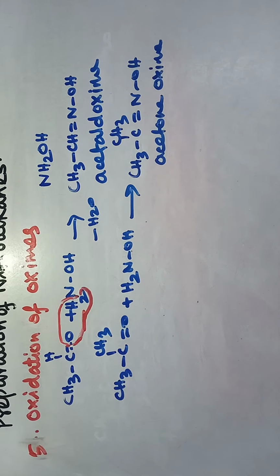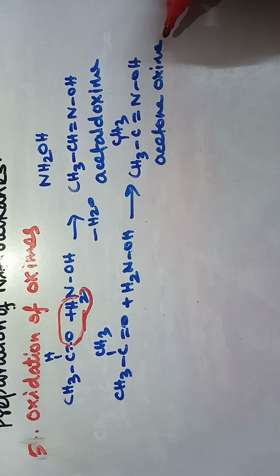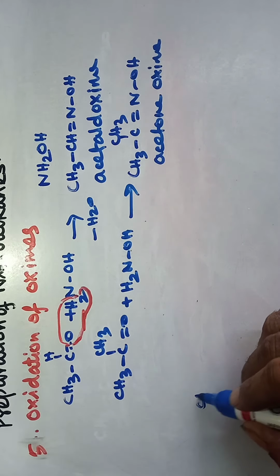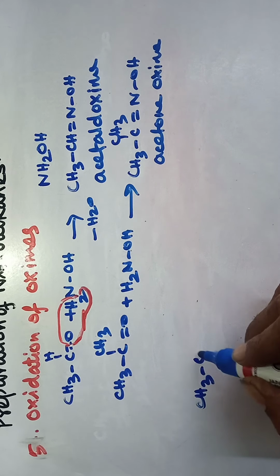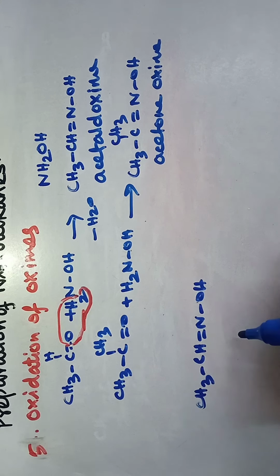Now we are going to take the acetaldioxime and acetone oxime for oxidation. Here on the oxidation of acetaldioxime, CH3 CH double bond NOH, this is the acetaldioxime.